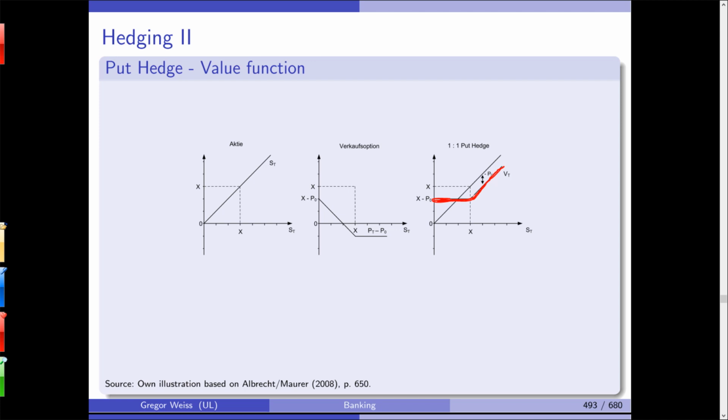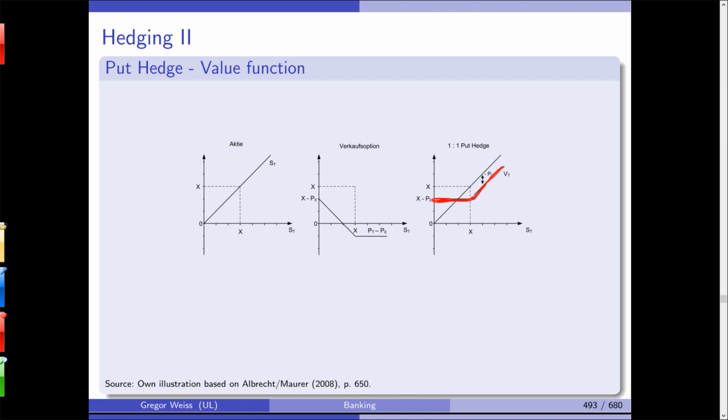And this looks nice. We don't have the danger of losing everything on the stock investment because our losses are bounded by the put contract, and we can still profit from increases in the stock price. Problem is, of course, we have to pay a price. If the stock goes up and up and up, we will not profit as much from this increase in the stock price as we would have without the put contract, because we still lose some money and we have to pay a price.